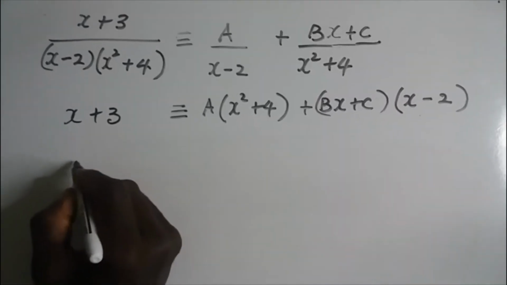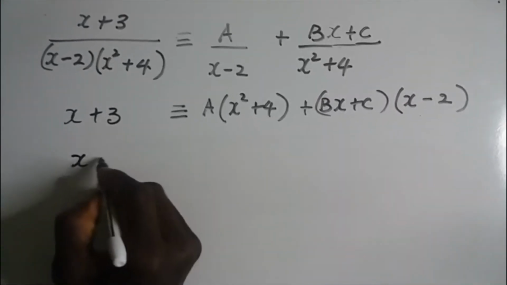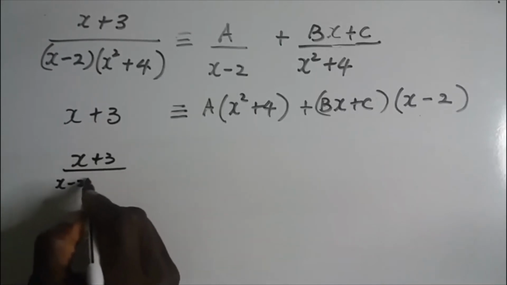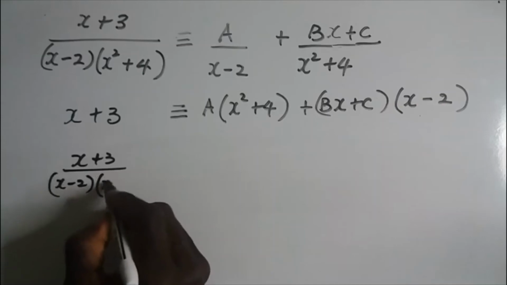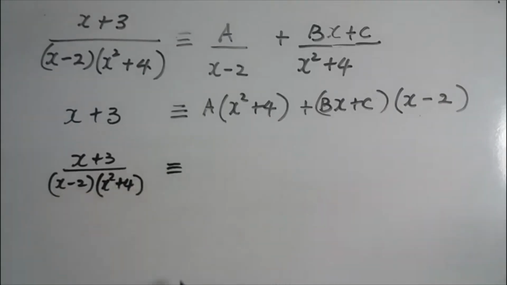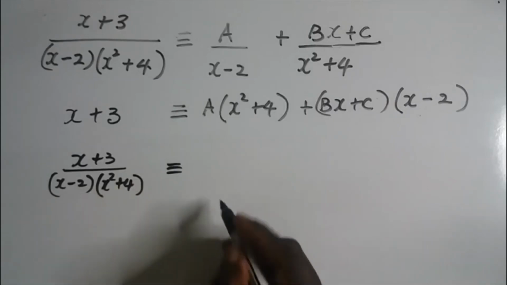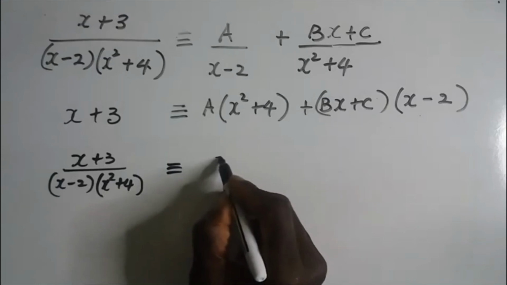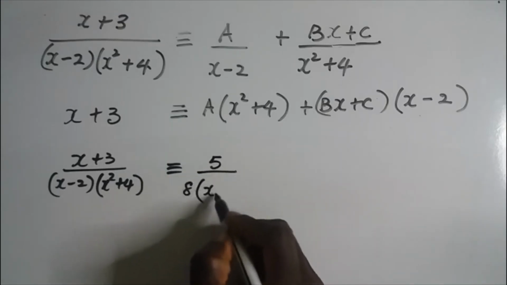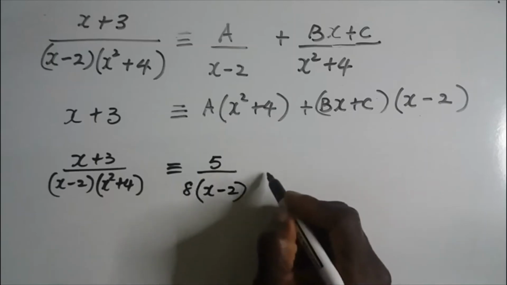So if we rewrite our original fraction, x add 3 over x minus 2, x squared add 4, now we can use our constants that we just calculated. So A was 5 over 8, so this becomes 5 over 8 brackets x minus 2.